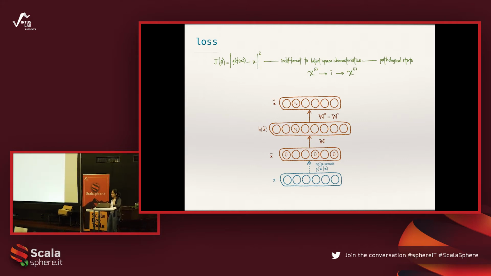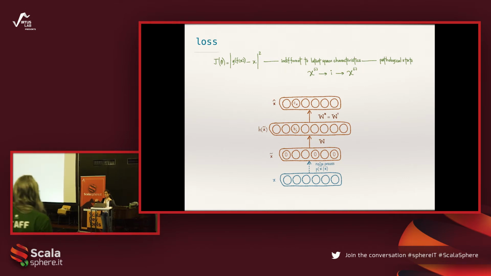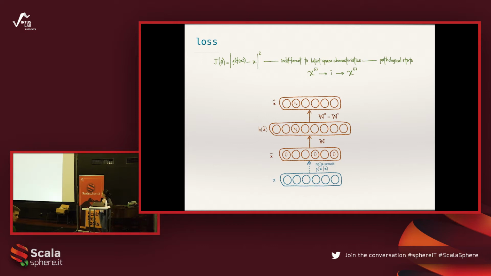And this may seem very intuitive because I have something, I'm encoding it, reconstructing it, and it just makes sense. But it does open us to a rather problematic pathological state where you're not really learning anything.